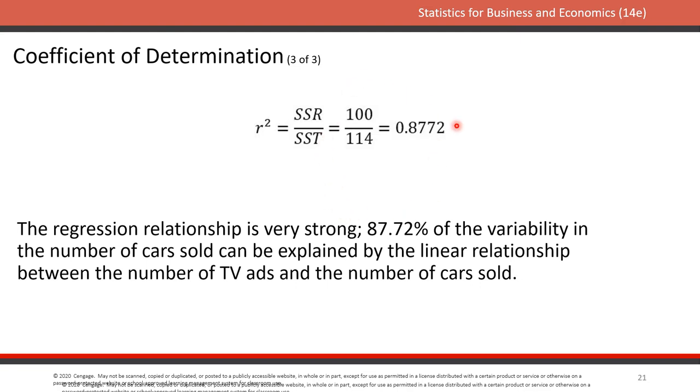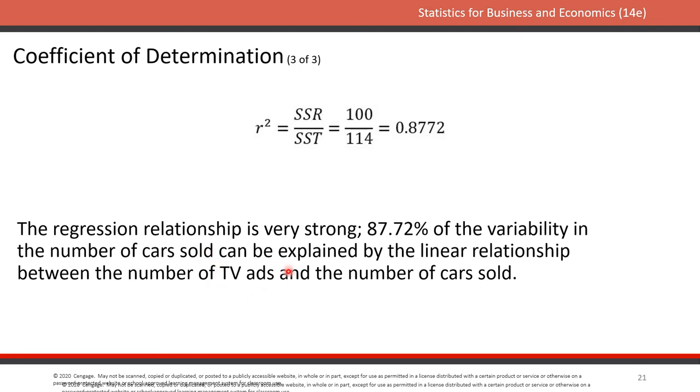So just as an example, I plugged in some numbers from our previous example that we walked through. We had 110 as the sum of squares regression, and 114 as the total sum of squares. So 0.8772 was the number that came out on my calculator, and 87.72% of the variability in the outcome, in this case number of cars sold, was explained by TV ads.